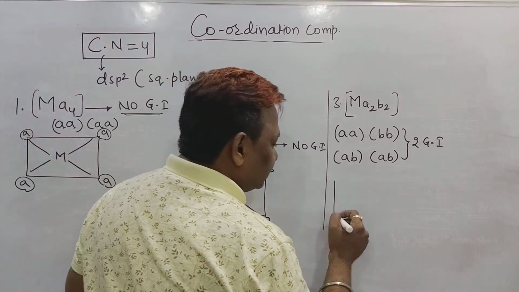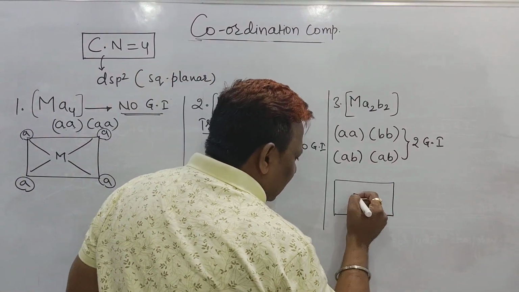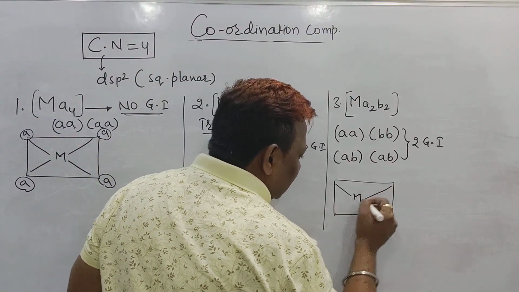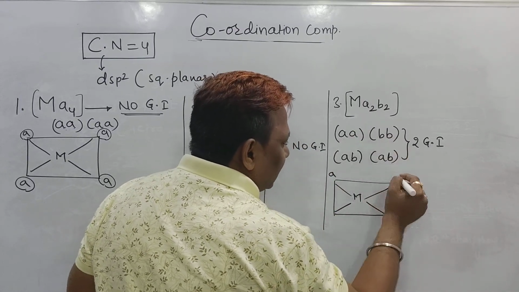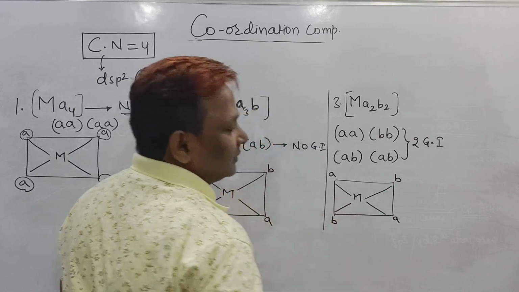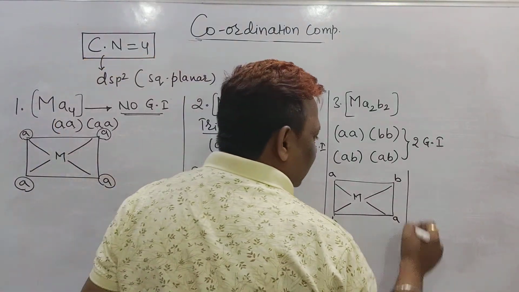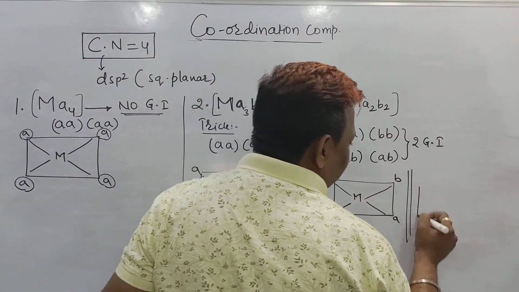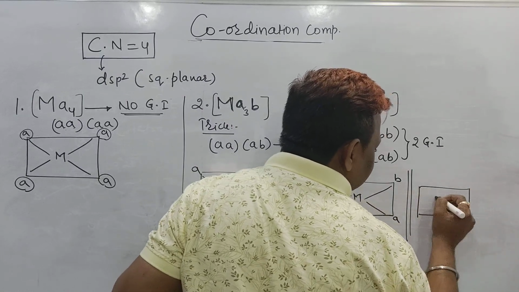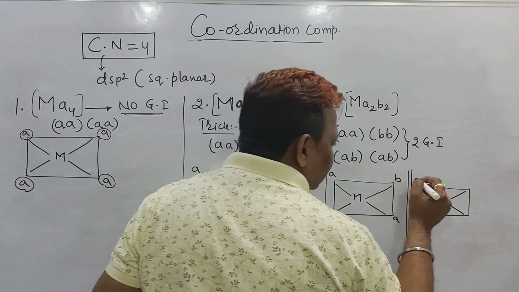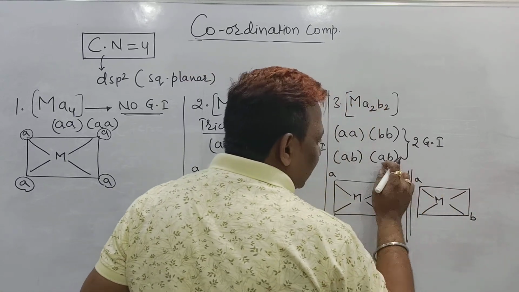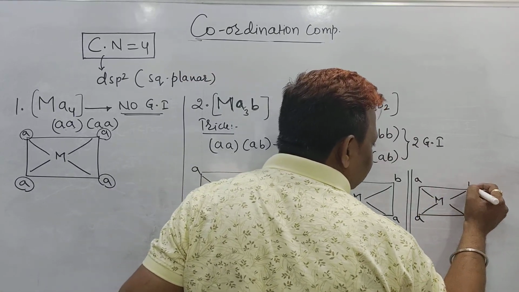I will make central atom M, attached with A and A, B and B. One more, as the second one I will make central atom M, 1, 2, 3, 4. Beta, AB, this is A, this is B. AB, this is A, this is B.